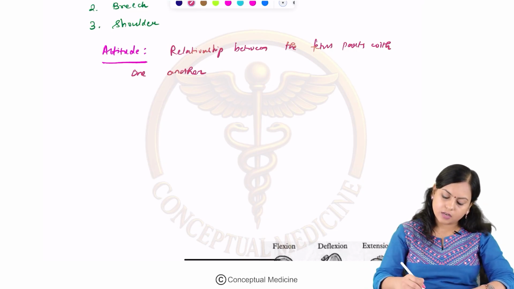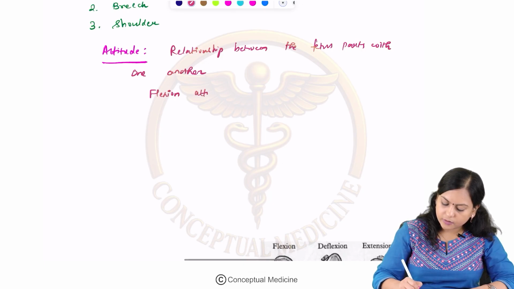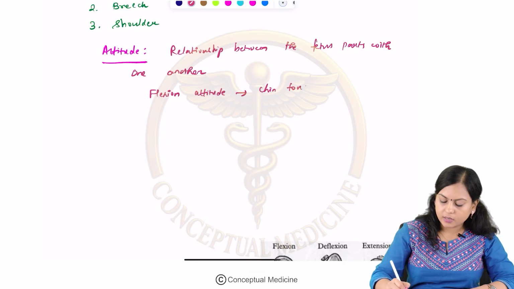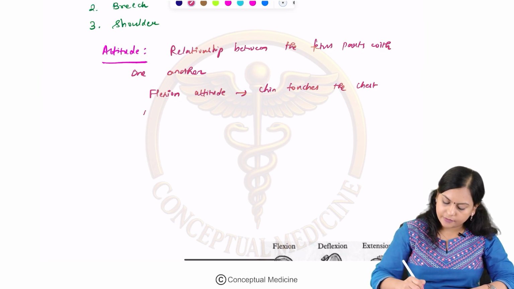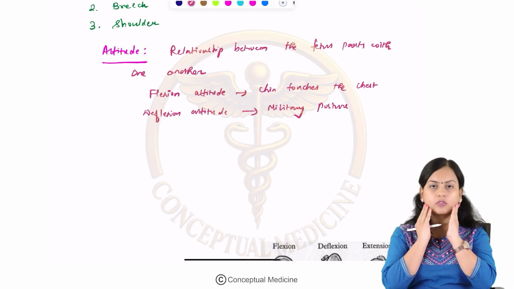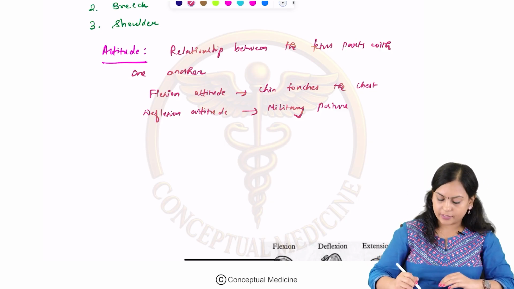If there is a flexion attitude, then the chin touches the chest. If there is a deflection attitude, the head is in a military posture. Means how military men stand, they stand straight, right? So there is no flexion or extension.